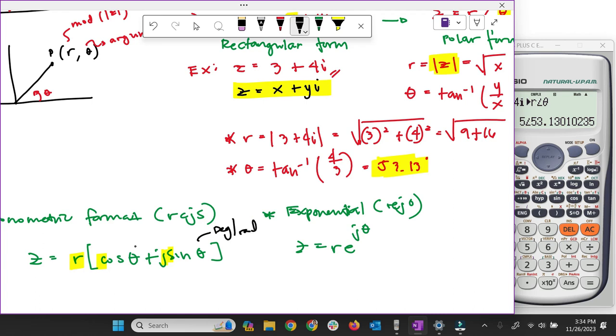Pero pagdating sa exponential, yan yung pinakamaarte. Okay? Kasi kapag exponential, si theta here must always be in radians mode. So, kung nakakita ka ng exponential, dapat naka-radians yung iyong calculator.